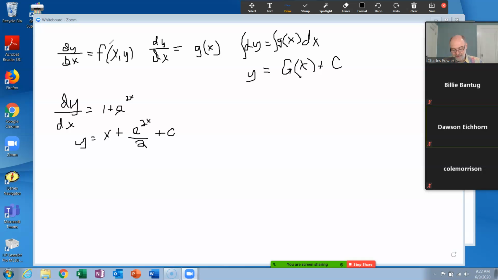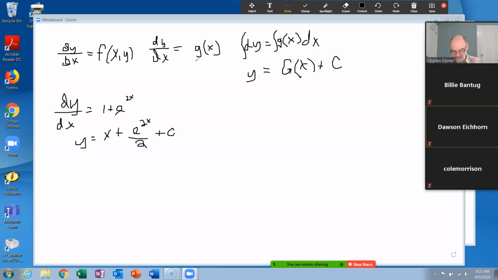Now, here is what we're going to be talking about in separable equations. If this f of x, y is not just a function of x alone, which we just did here by integration, or y alone, which we did by autonomous means, but what if it's a function of x and y, but a very special function of x and y, a product of a function of x times a function of y?